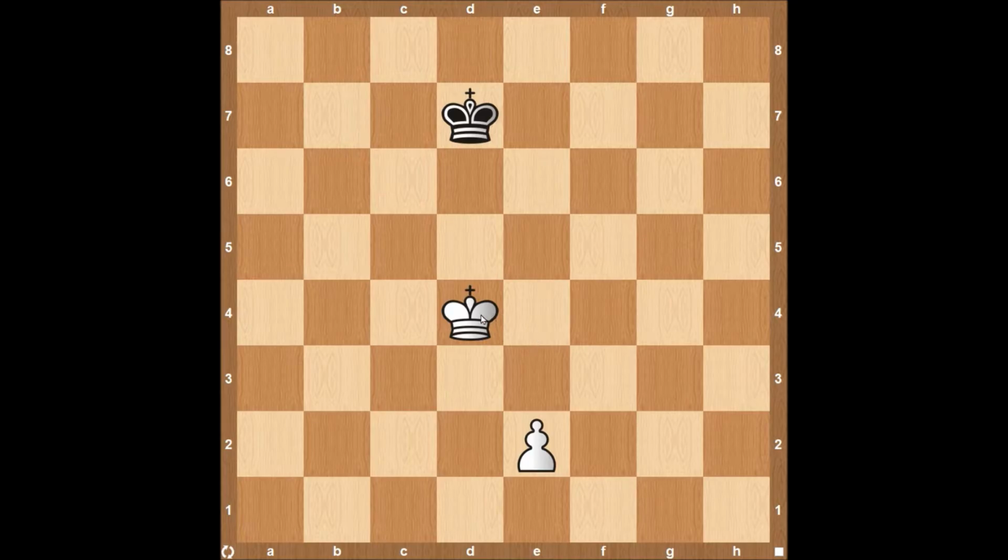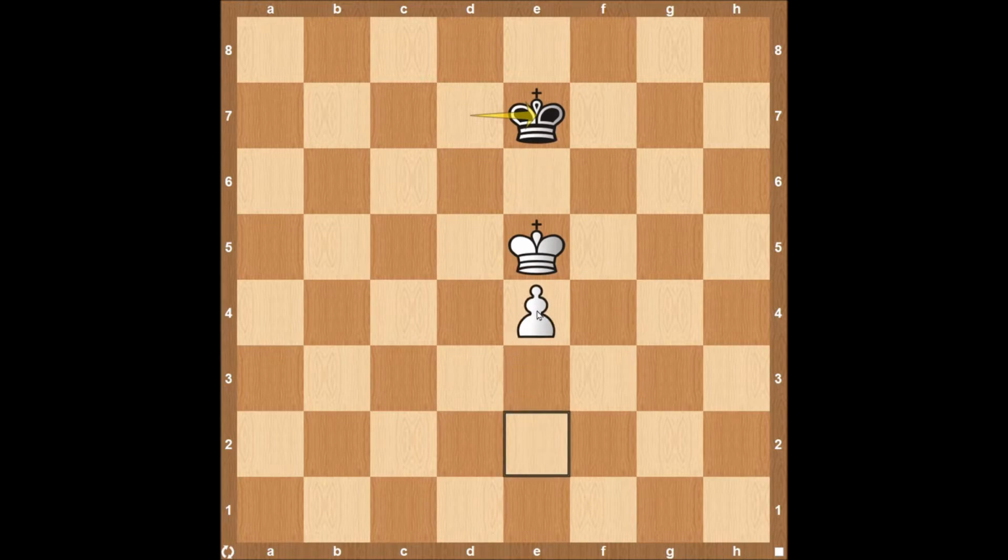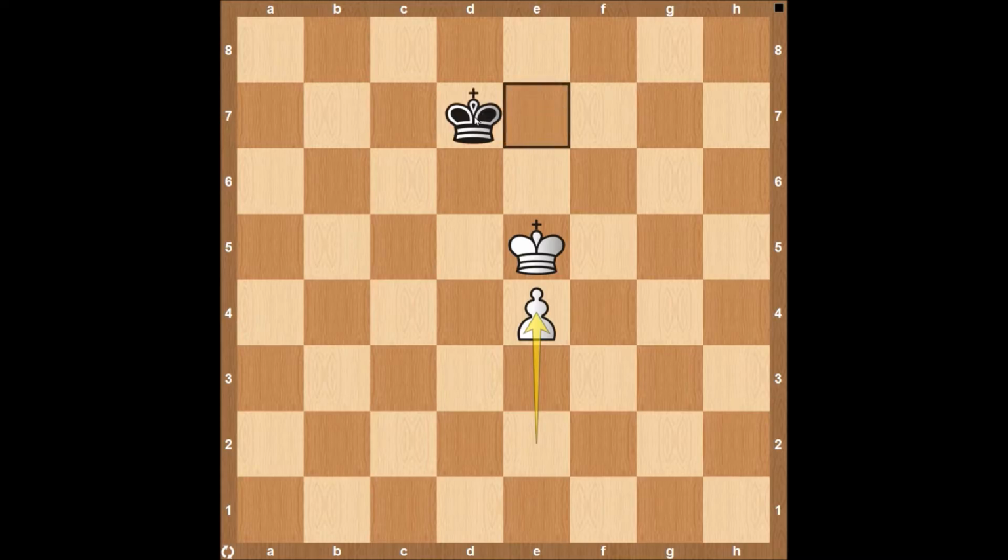Well, the first thing they can do is play king to e5. Now, that is going to give black the opposition here with king e7 because there's one square, an odd number, in between them, but now white has pawn e4. That forces the black king to move, and now white is going to get the opposition back. Let's say we have king d7.